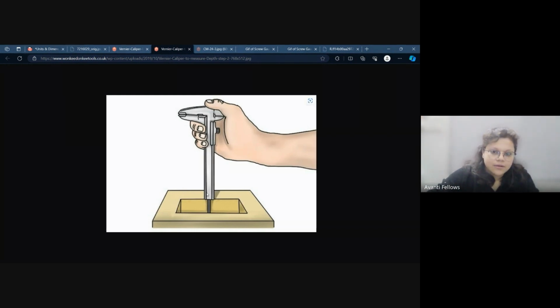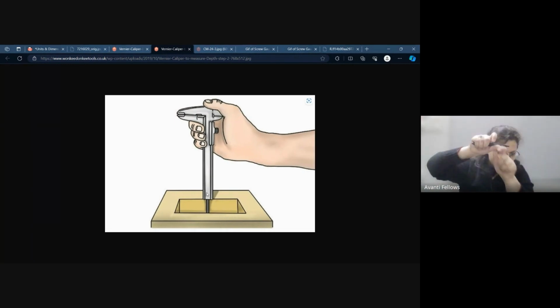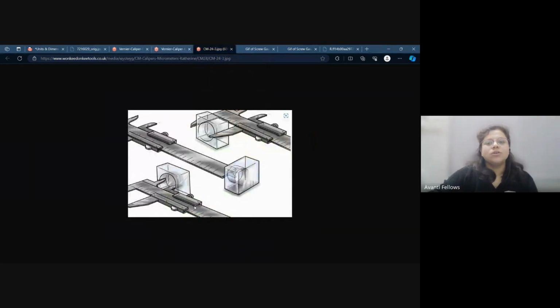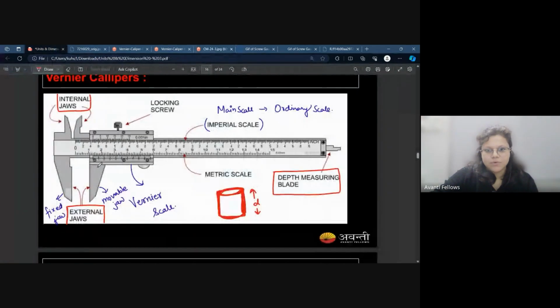I'm just trying to touch the tip of the blade with the base of the object, and whatever the reading you have, that would be the depth of that object. Yes or no? Yes, ma'am. This diagram concludes the entire application of this vernier scale while measuring the outer diameter, inner diameter, or the depth of that cavity. So that's how we will work with this vernier caliper.